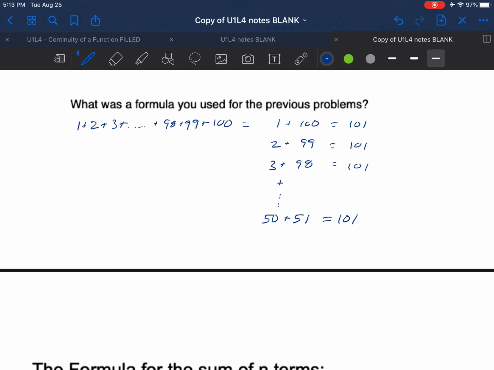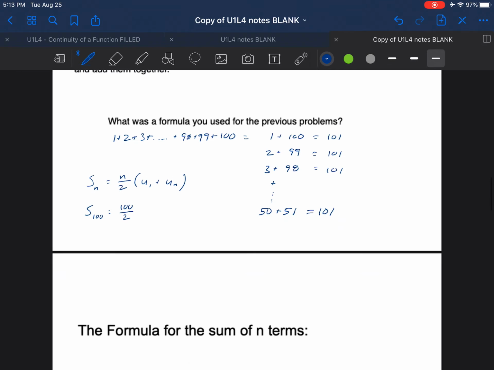Okay? So in general, if we generalize it for an arithmetic sequence, we can say that the sum of n terms is equal to n over 2 times u1 plus un. In our case, S100, the sum of the first 100 terms, is equal to 100 over 2.